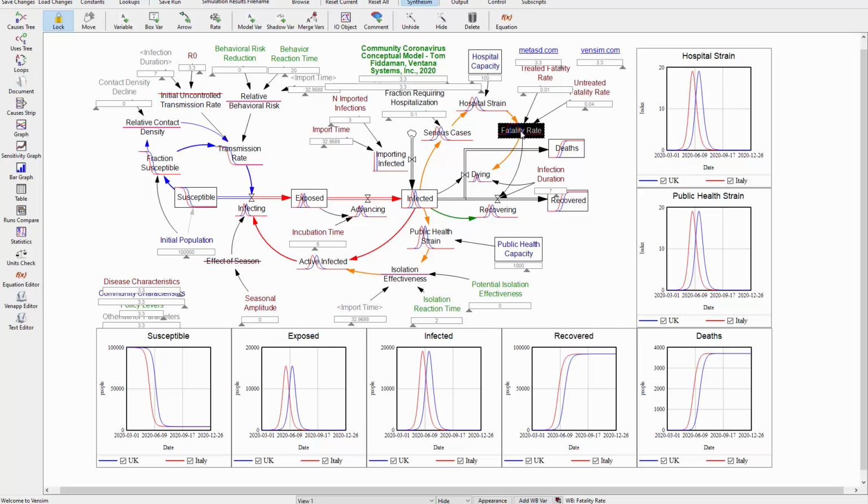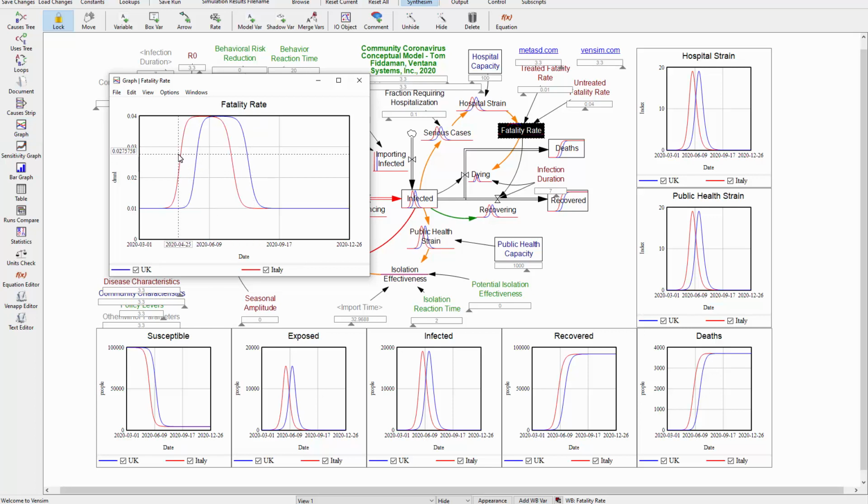But if you look at the fatality rate, here's what's happening in the model. The fatality rate in Italy spikes when the caseload of serious cases exceeds the number of hospital beds and ventilators and other key resources that you need to keep people alive.